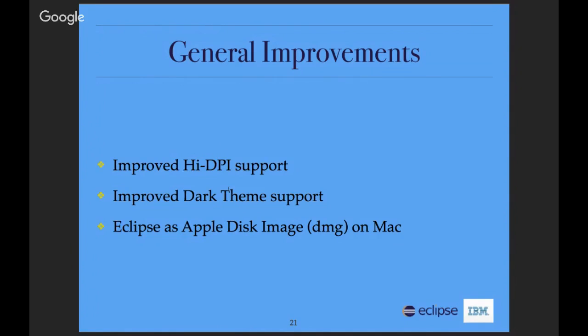Do try them out. There is improved dark theme support in Oxygen. There are a lot of styling and color related improvements. Do try out the dark theme support in Oxygen as well. And Eclipse on Mac is now available as a DMG, that is an Apple disk image, just like other applications.